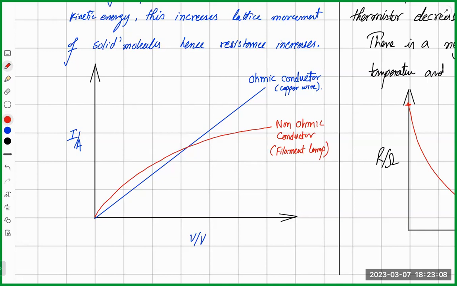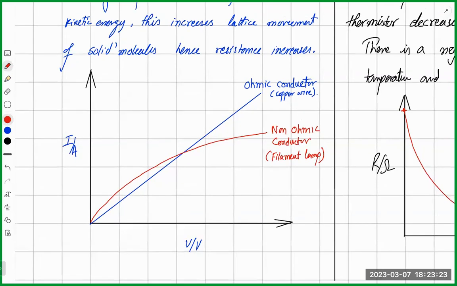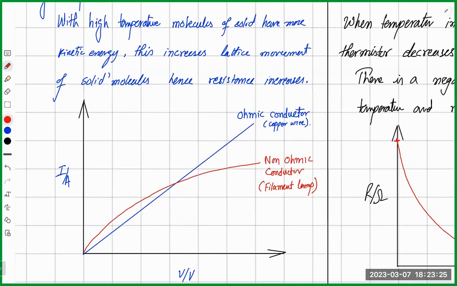With the increase of temperature, resistance has also increased. So current could not increase as much as it should have for the corresponding increase in voltage. This is because of the increase in resistance of an ordinary conductor when temperature increases.